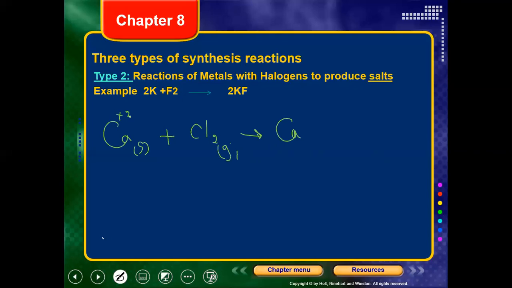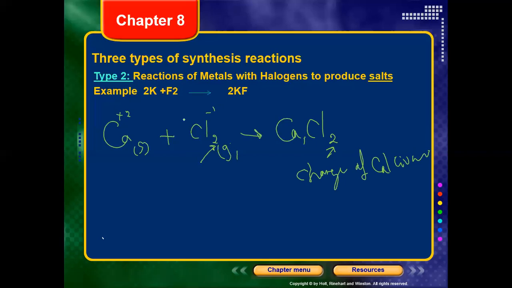Because it's from group 2 and Cl is group 17, so it's negative 1. So you have to switch the charge without using the sign. So Ca1, an invisible 1, you can write 1 or not, it's up to you. And Cl, now this 2 is from the charge of calcium. It's not the subscript that indicates it's a diatomic element, okay? And the equation is already balanced.